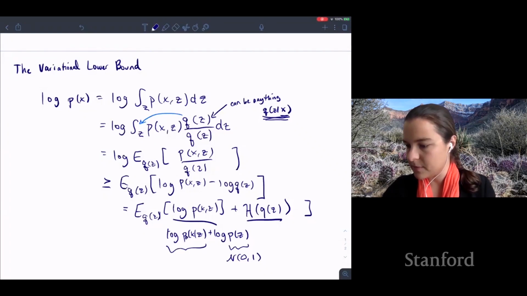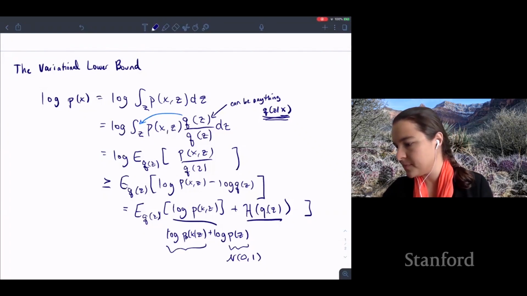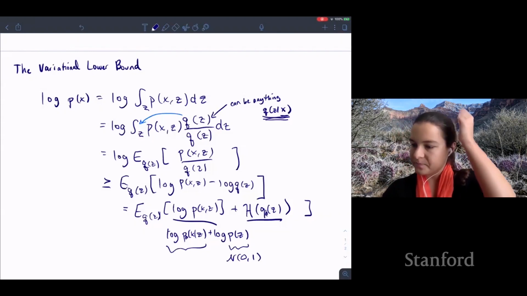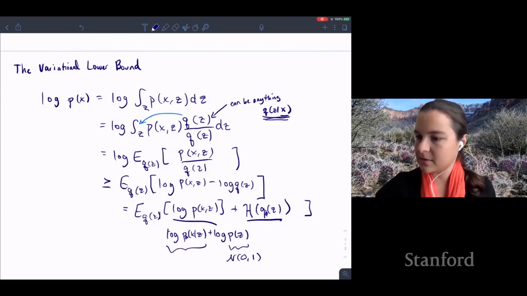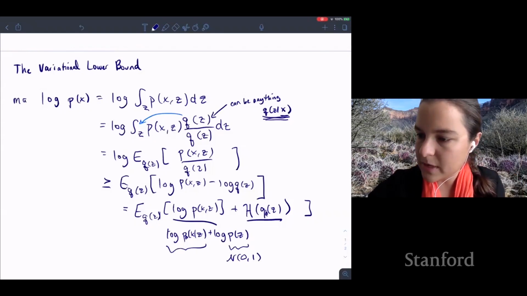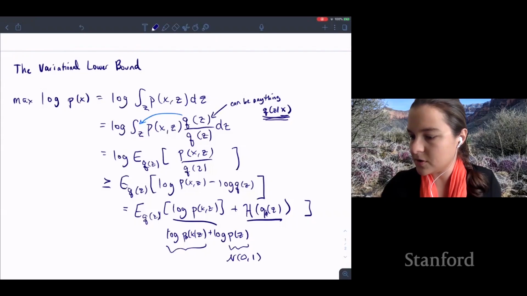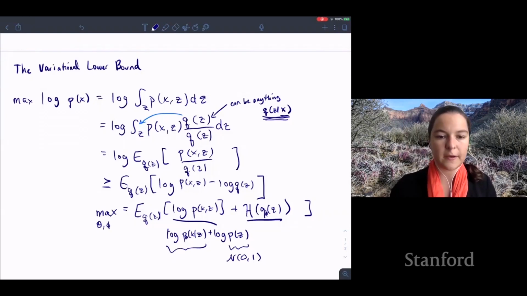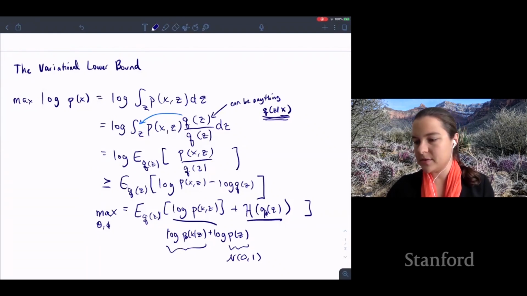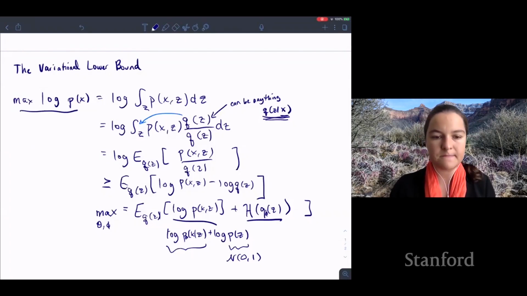So this may have parameters theta. Oftentimes you have the variational distribution have parameters phi. And when you take a maximum over this, you also take a max over this, both with respect to phi and with respect to theta. Okay, so this is how we get this lower bound on the likelihood of our data.